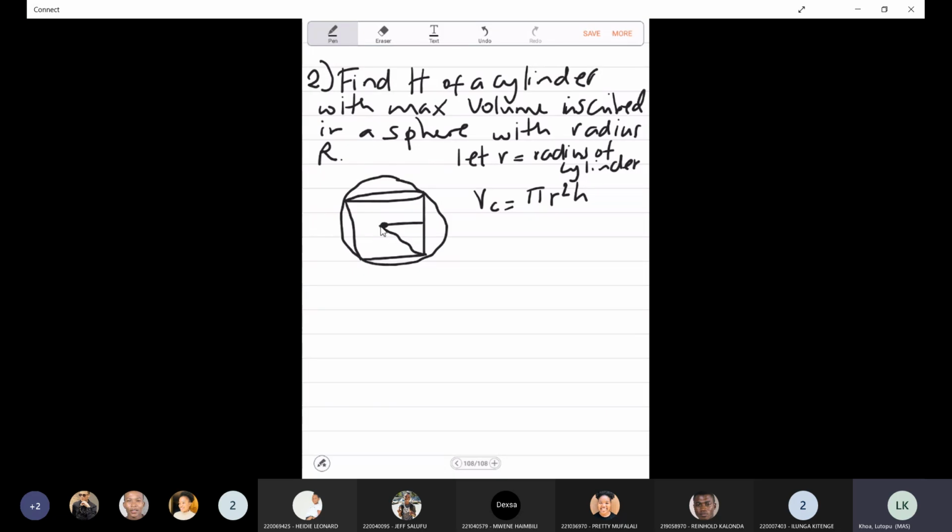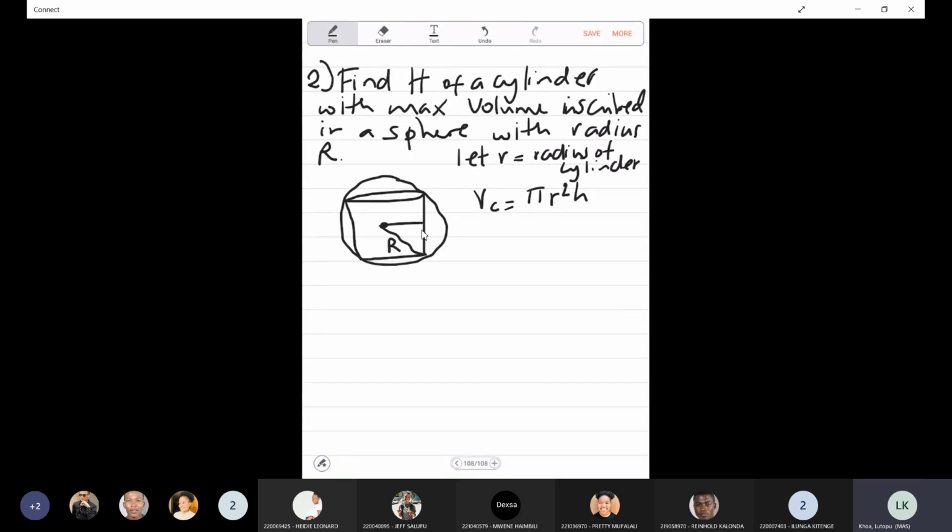You can see that this goes from the center of the sphere to the circumference of the sphere. So that obviously makes it the radius of the sphere, and the radius of the sphere is capital R. Now this one goes from the center of the cylinder to the body of the sphere.